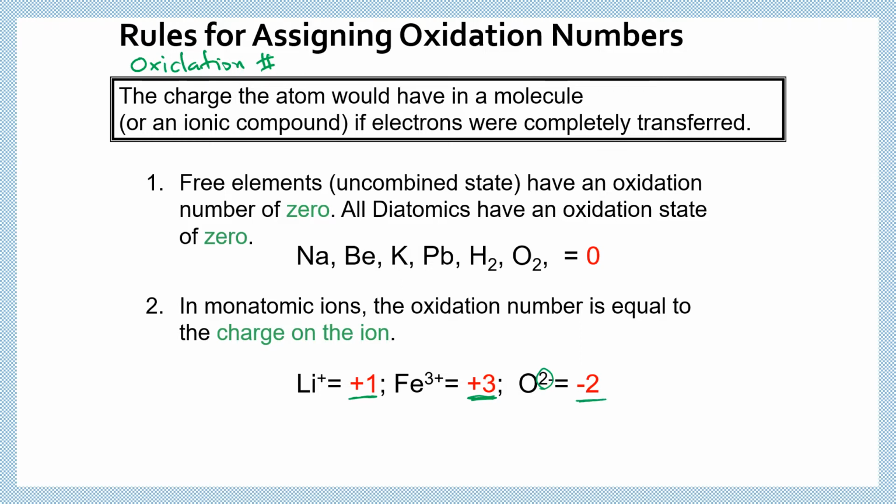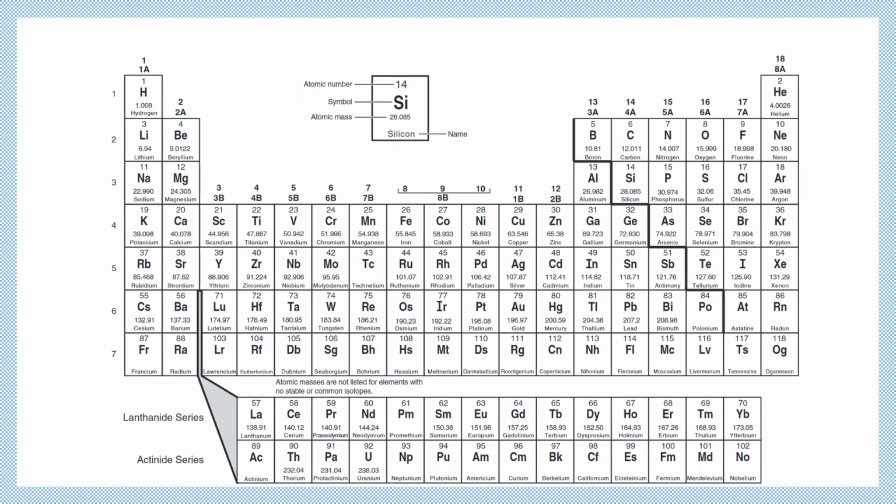But Mr. Tran, where are we getting these numbers? Well, good question, Billy. Let's remind ourselves where we got some of these numbers. Using the periodic table, we told y'all at the beginning of the year the oxidation number, or the charge, that these elements would have when combined with others.